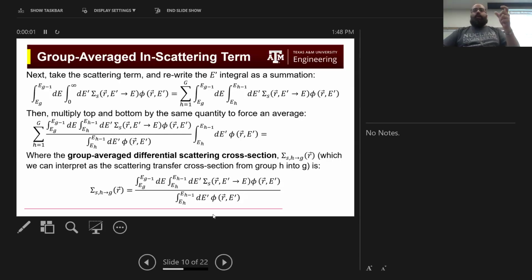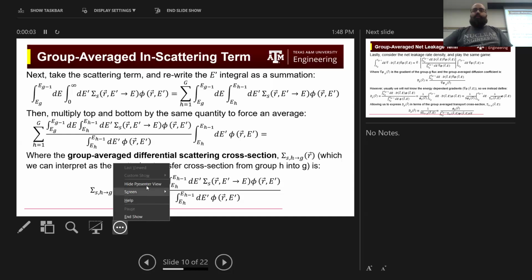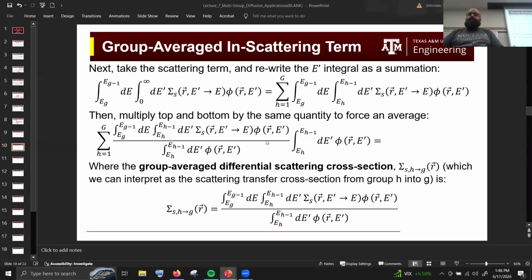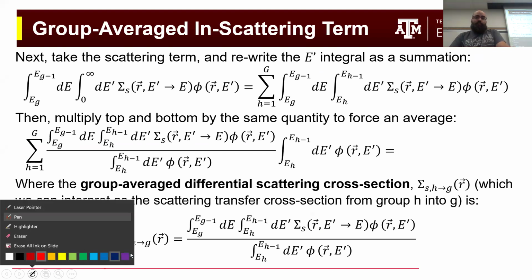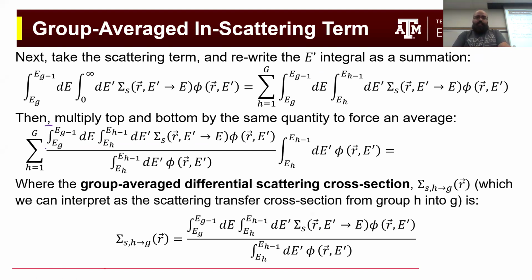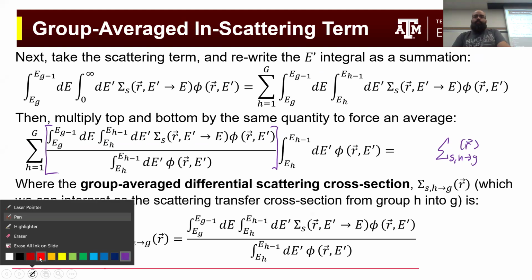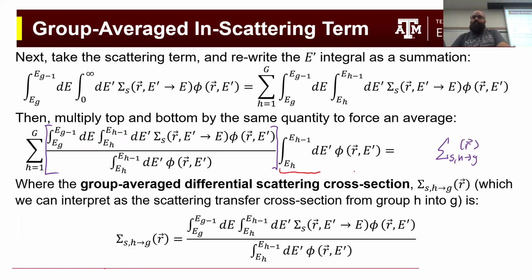It's just those integral quantities that make up my weighted average, and then that sum is up front. So kind of like what we just saw with that fission term, this thing right here is my weighted average. So I've got a sigma S to go from group H into group G. The integral on the right, by definition, is my group H scalar flux.